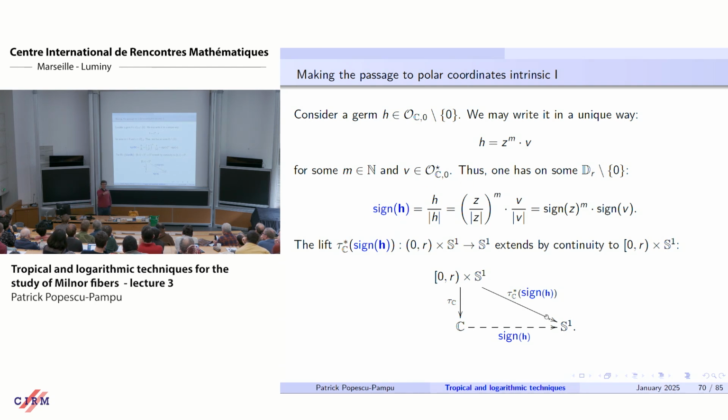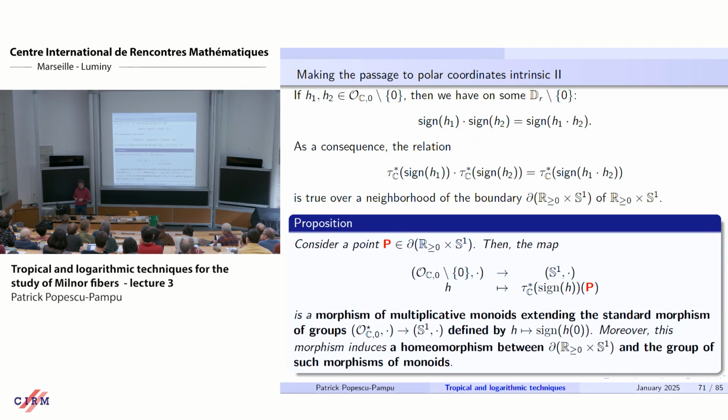And now you can look at this map, which associates to H the corresponding sign. Which H did we take? Those in the local ring without the origin. And this map, which associates the sign evaluated at a precise point of the boundary, is in fact a morphism of monoids, from the multiplicative monoid here on the left to the circle. Here on the right, you have a group.